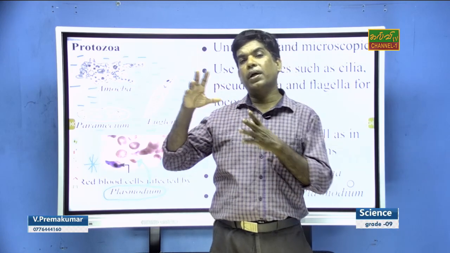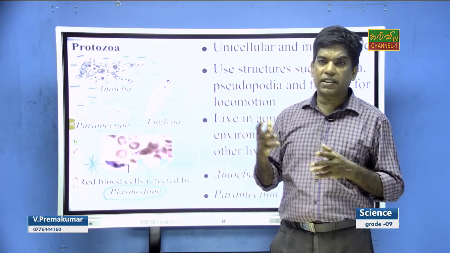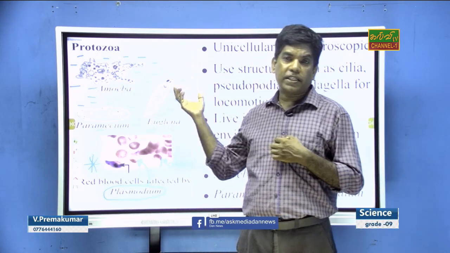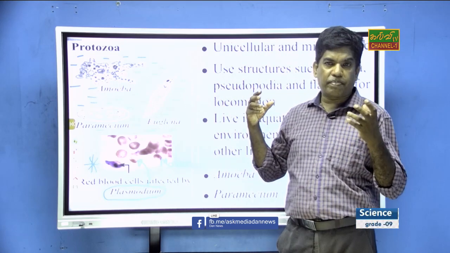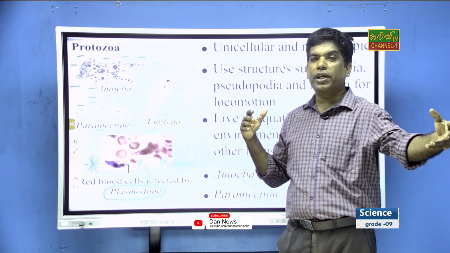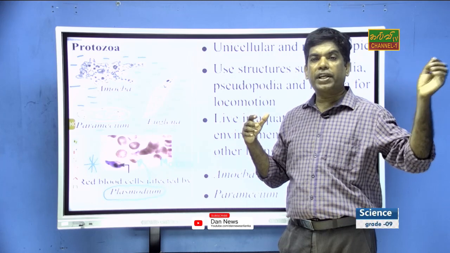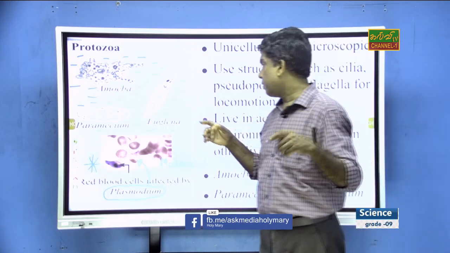Pseudopodia are available in the amoeba, not in all protozoans. Others such as euglena use cilia and flagella. Some protozoans are found in living organisms, such as Plasmodium, which causes malaria, so it can live in the mosquito or human body.